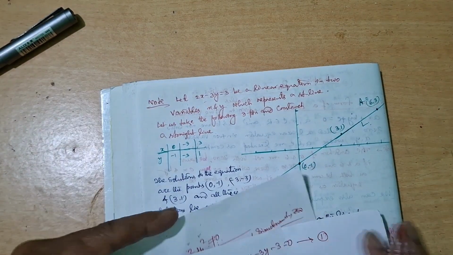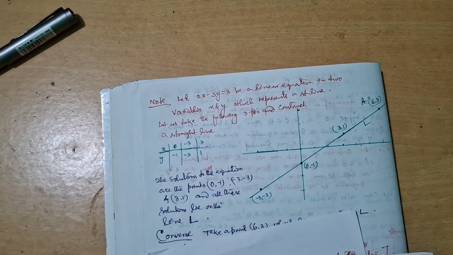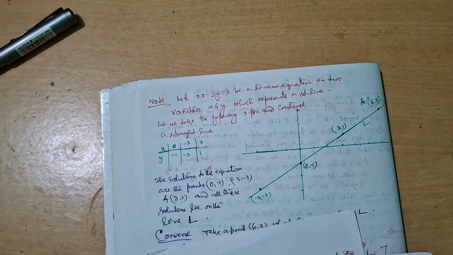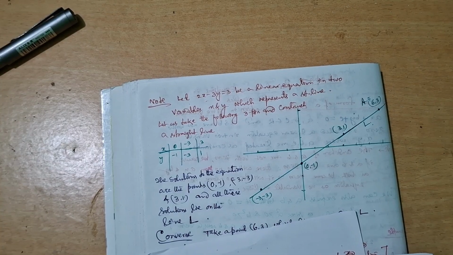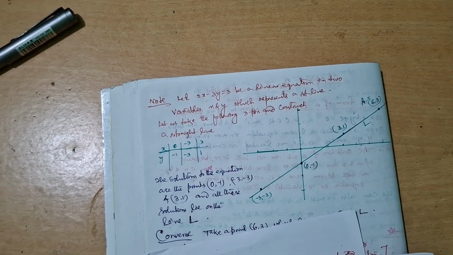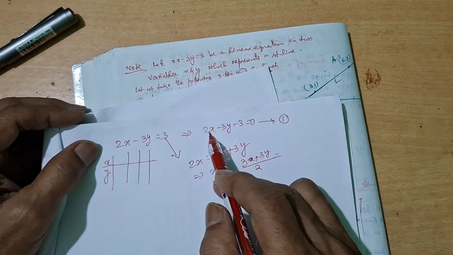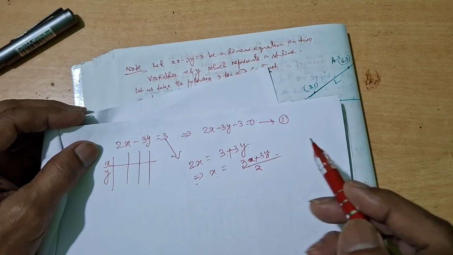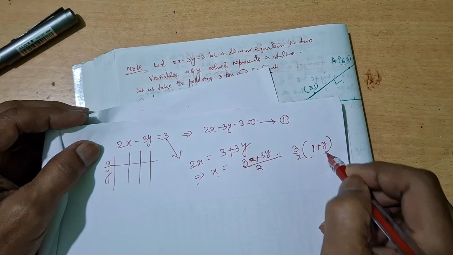So, when x is equal to 0, otherwise you can also write it this way: 2x is equal to 3 plus 3y. This implies x is equal to (3 plus 3y) divided by 2, that is equal to 3 by 2 times (1 plus y).